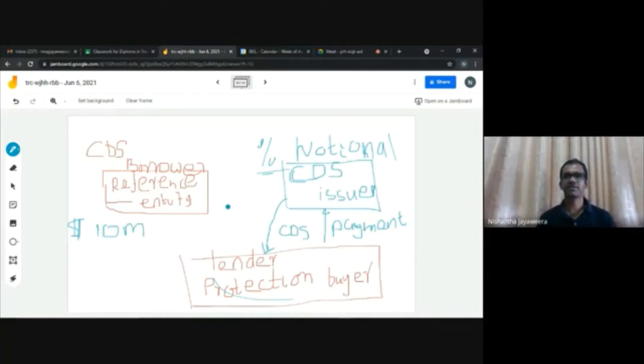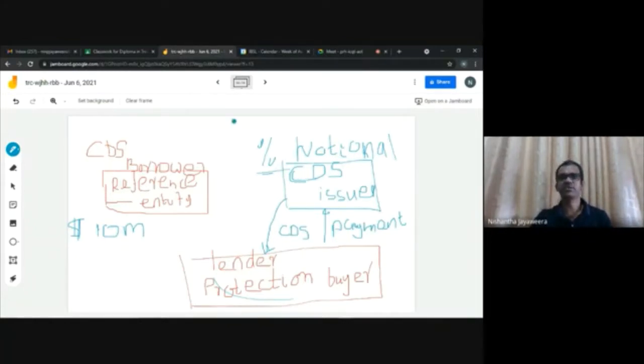For that period, like you are buying vehicle insurance for a one year period, you pay a premium. Likewise, if during the next year this party defaulted, the CDS issuer has agreed to pay the amount. So for that 1 year, you have to pay a percentage of this 10 million.